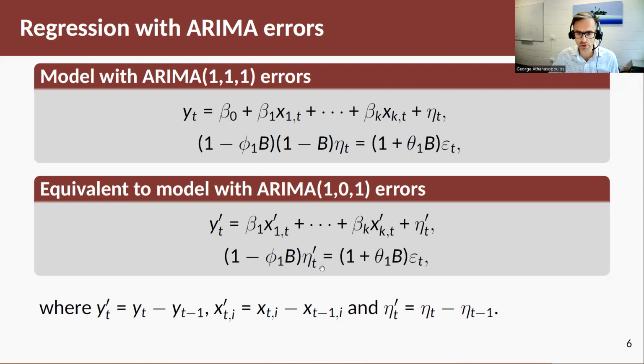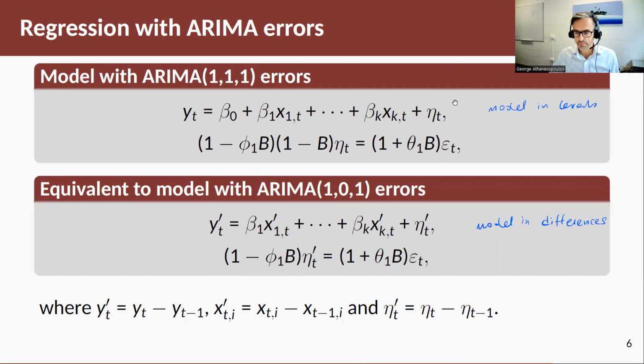Hence, our second equation is now in terms of this differenced error, and this is an ARIMA(1,1,0) process. Notice that the parameters of these models are identical. So if we can't estimate the first model, we can estimate the second one and map back the parameters to the original regressors that we were thinking about.